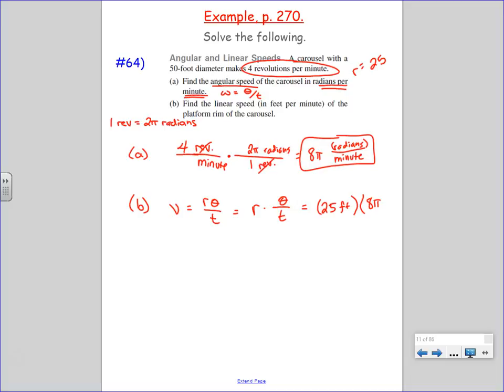But as soon as you go to feet, you actually don't have to worry about the radians anymore. Or if you want, you can still write them if that makes you feel better. But then when we go to write the final answer, the radians disappear. They were just holding the spot for a little bit for us to understand what was going on with the theta per time. But as I said yesterday, remember, radians are an understood unit.